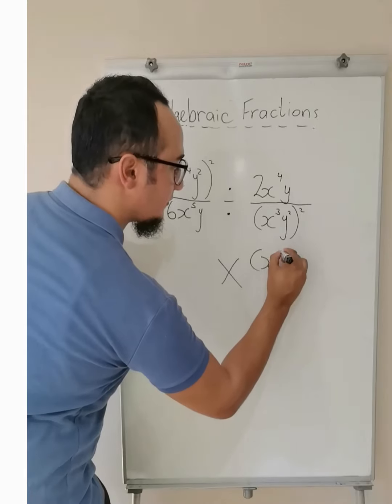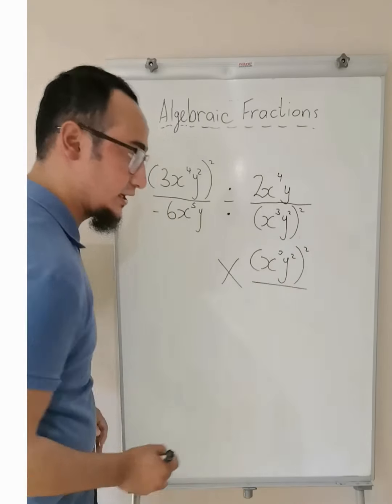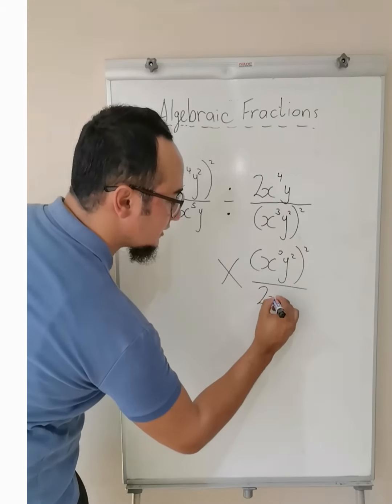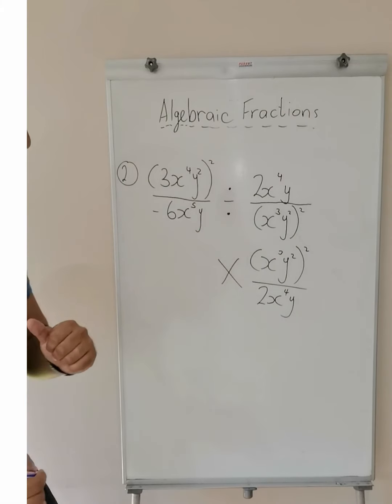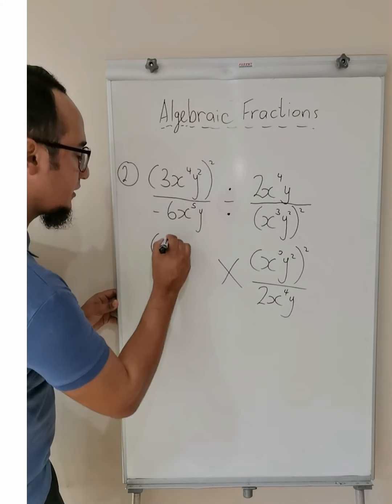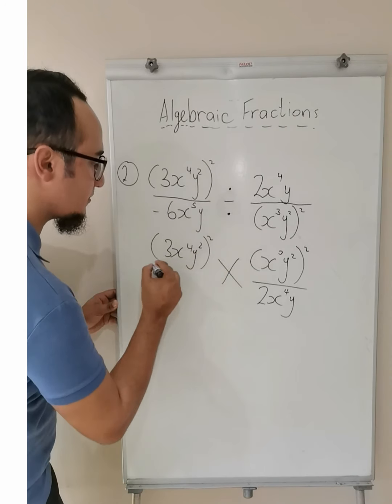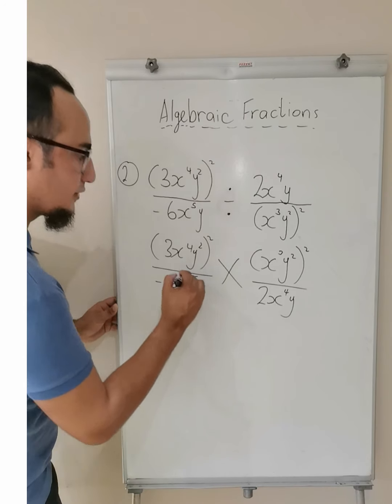So x to the power of 3, y squared raised to the power of 2 becomes my numerator, and my numerator over here becomes my denominator. Right? The fraction in front stays exactly the same. So 3x to the power of 4, y squared raised to the power of 2, negative 6x to the power of 5, y.